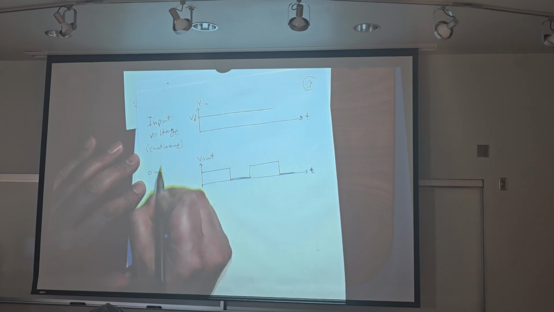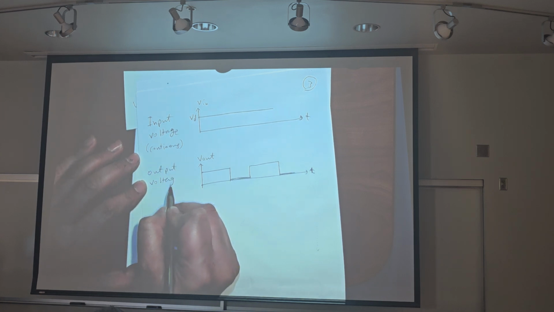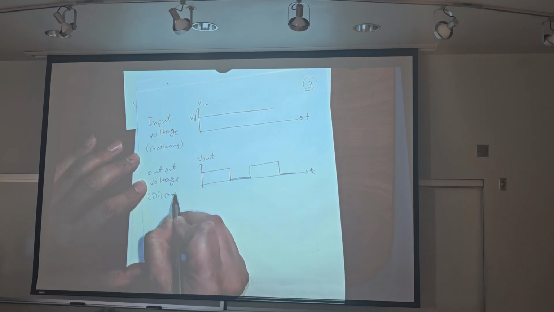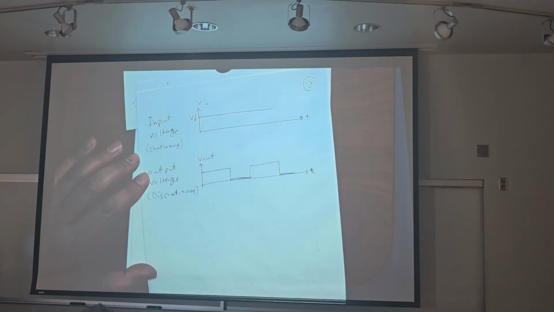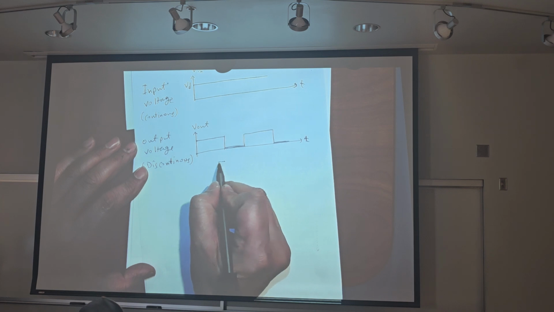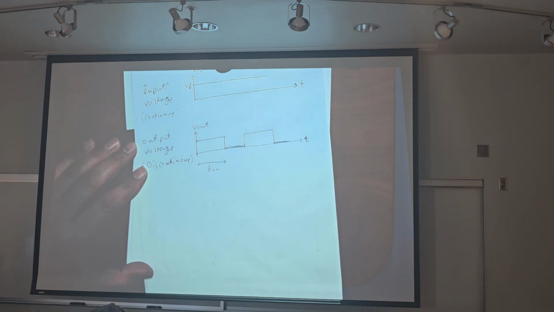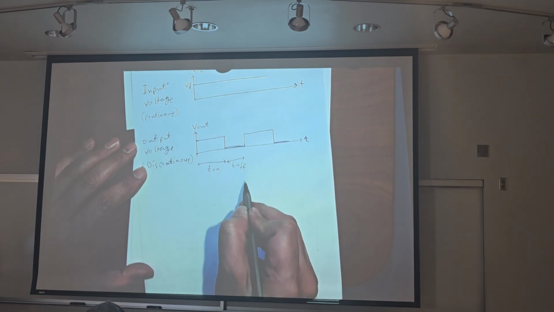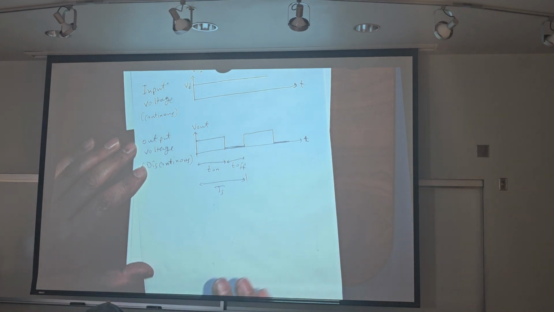This output voltage is discontinuous. Here, this time is T on, and this time is T off, and this whole time is TS.